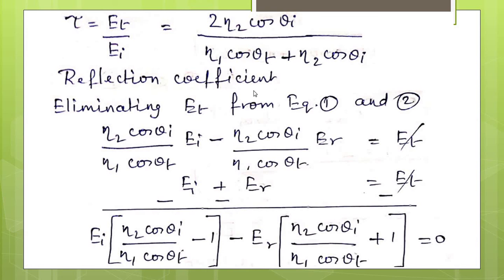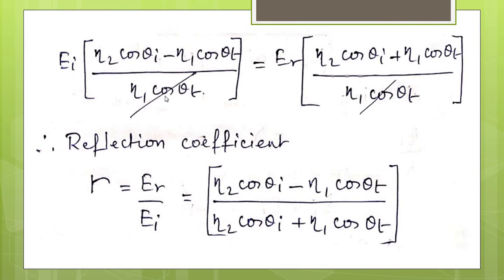To do the reflection coefficient, we need to eliminate Et from equations 1 and 2. So eliminate Et, and here this term will be cancelled. So this is the equation we get: Ei times eta 2 cos theta I by eta 1 cos theta T minus 1, minus Er times eta 2 cos theta I by eta 1 cos theta T plus 1, is equal to 0.